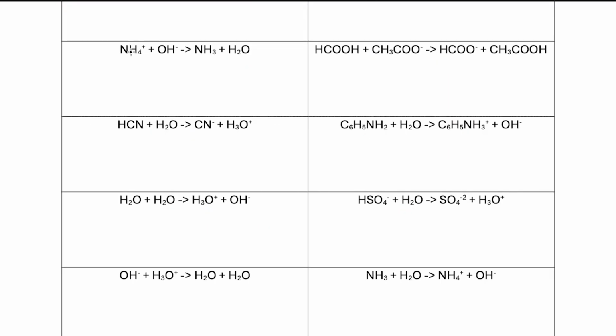NH4 plus is my ammonium ion, and so if I look to my right, again, we lose that proton, meaning that the ammonium ion is my acid, and the ammonia is my conjugate base, and my hydroxide ion is your classic base. And so when we gain that proton, we become H2O, meaning that H2O is now our conjugate acid.